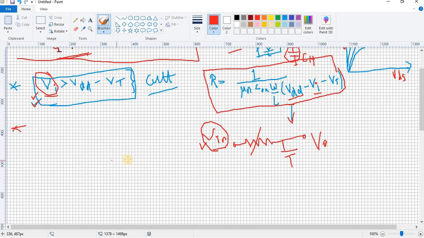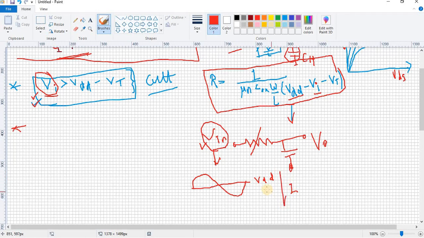Before that, in this particular RC circuit, if you are considering the RC equivalent circuit for this particular NMOS structure, say we apply a sinusoid at the input, a sinusoidal signal over a DC value of V dd by 2, right?